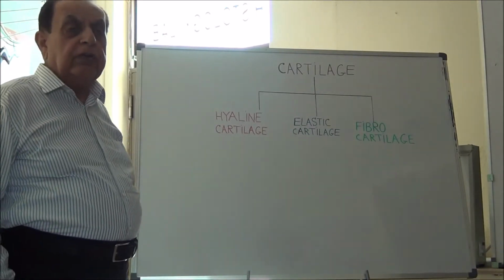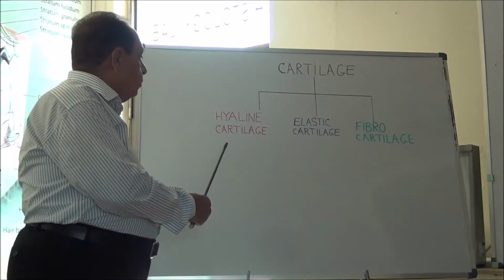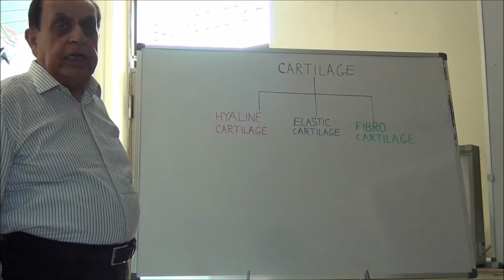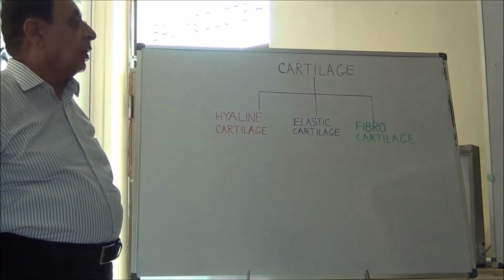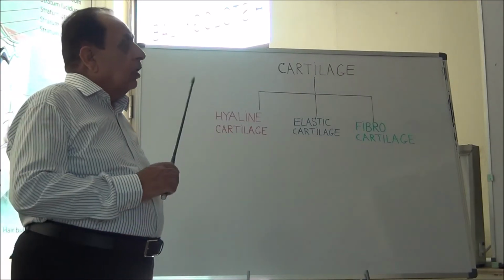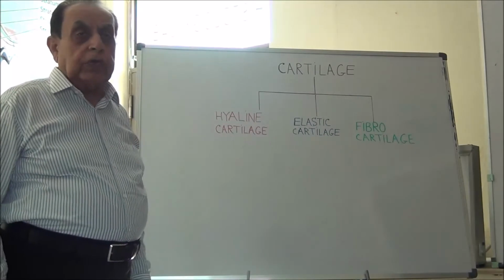Like the connective tissue, the hyaline cartilage also contains the cells and the matrix. The cells are called the chondrocytes.